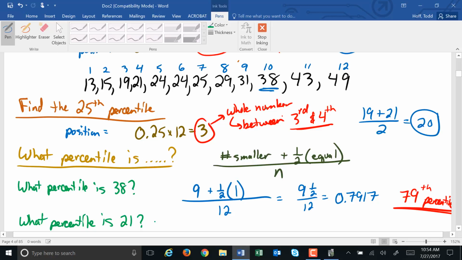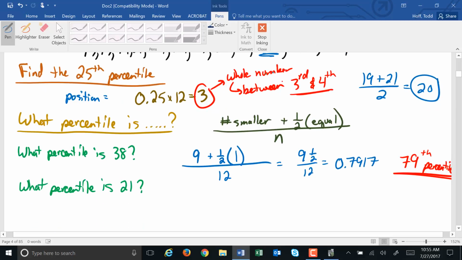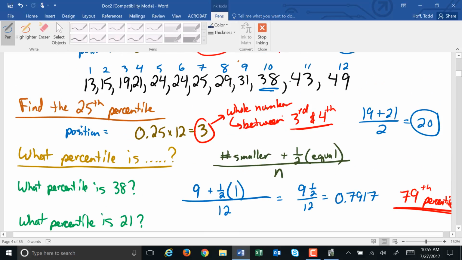What percentile is 21? How many are smaller than the 21? 3.